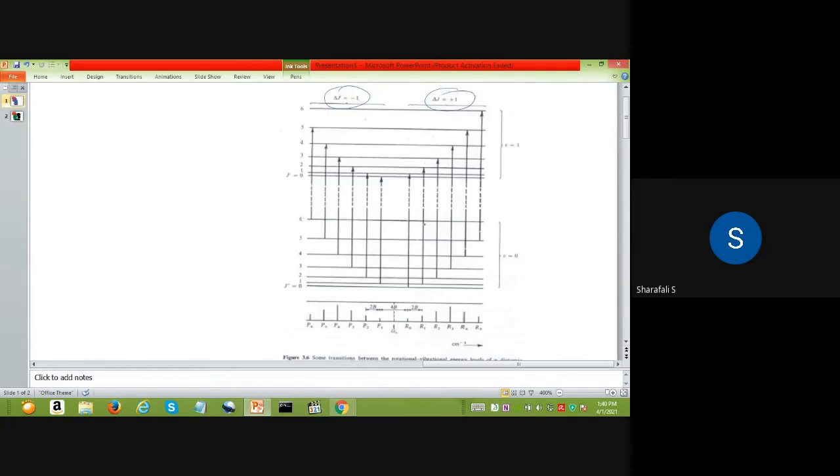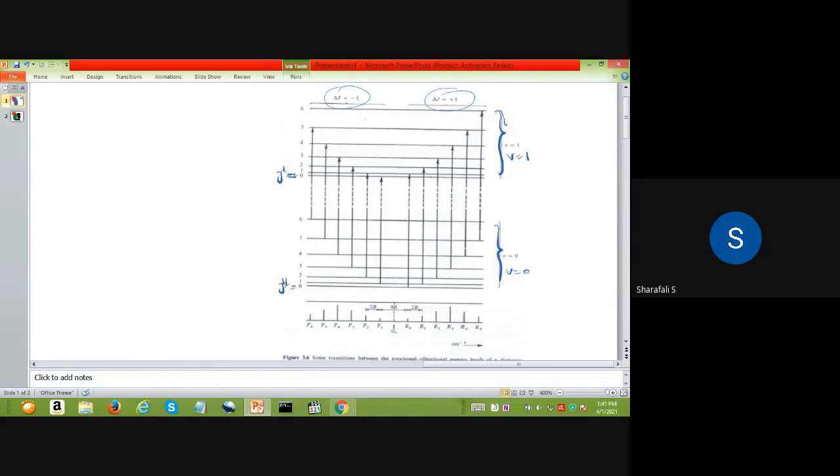And if you consider different vibrational states, here we have v equal to 0 and here v equal to 1. These are the states corresponding to v equal to 1, and these are the states corresponding to v equal to 0. Then we can see for j double dash equal to 0, 1, 2, 3, 4, etc., we have different energy levels. Similarly, we have j dash equal to 0, 1, 2, 3, 4, etc., with different energy levels.